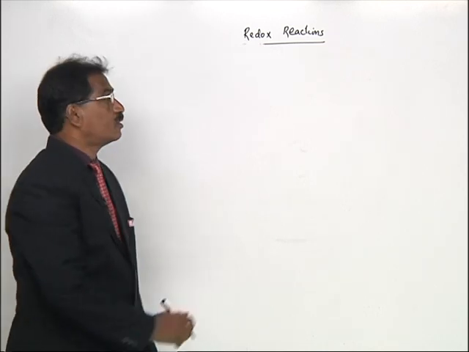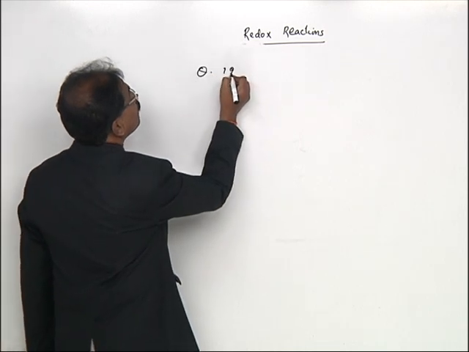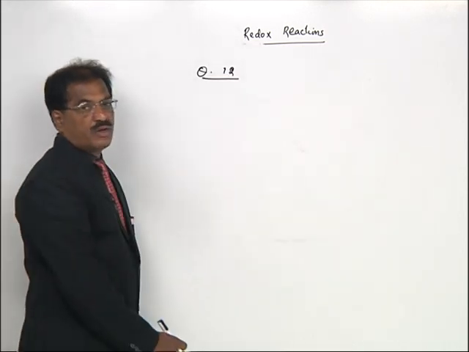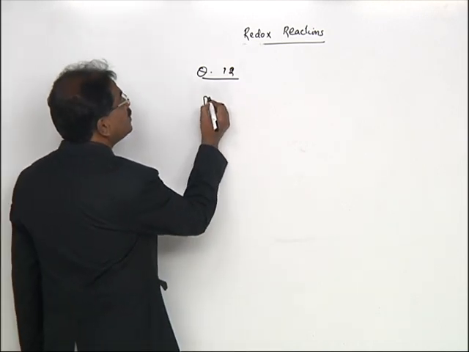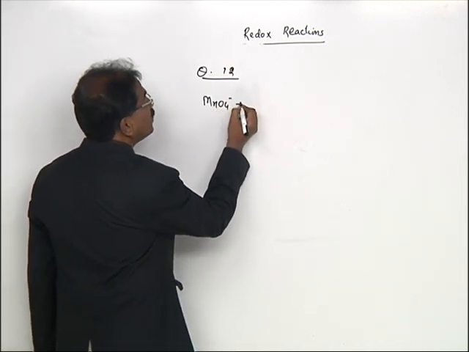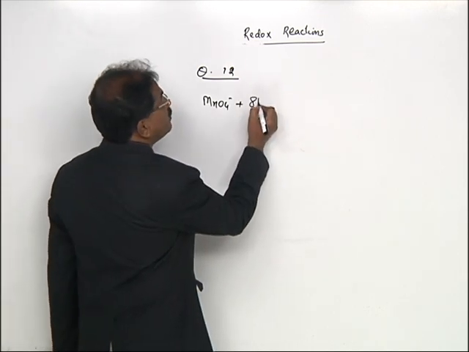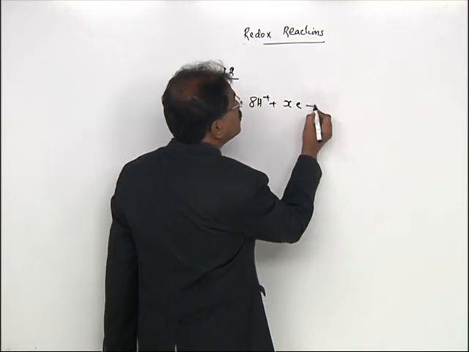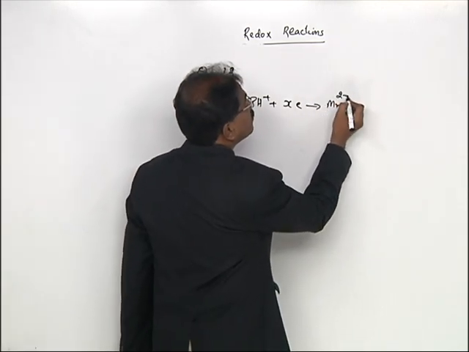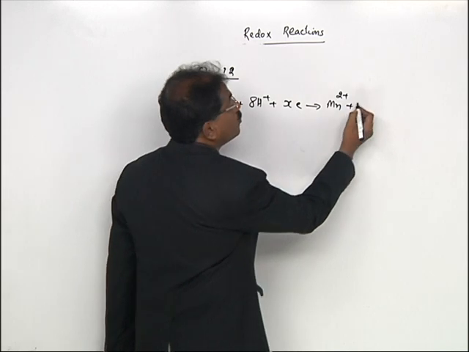Next, question number 12. The value of x in the partial redox equation. The redox equation given is MnO4 minus plus 8H plus plus x electrons gives Mn2 plus plus 4H2O.